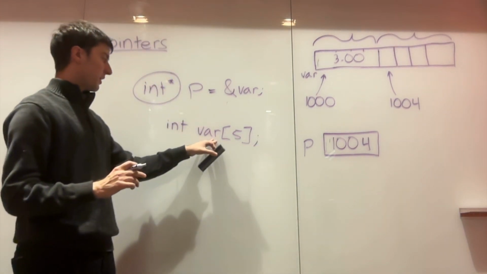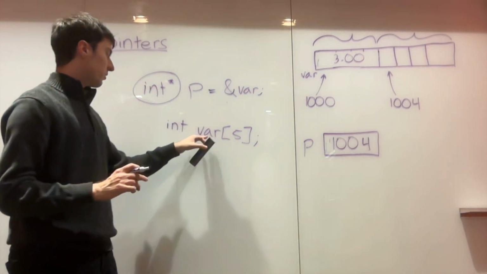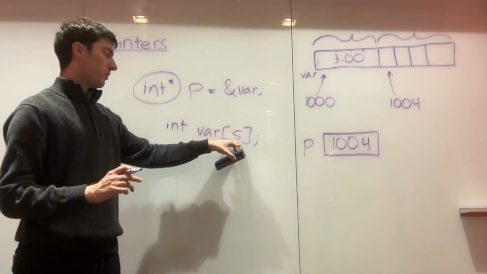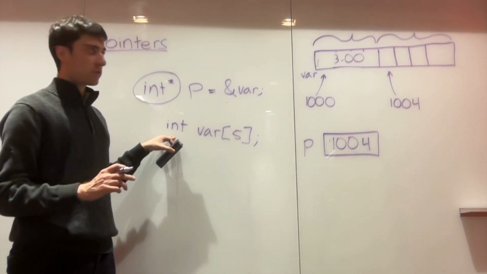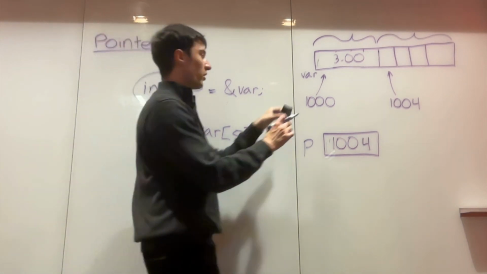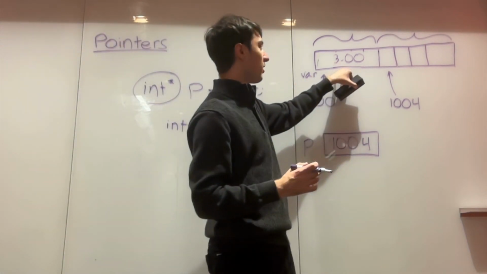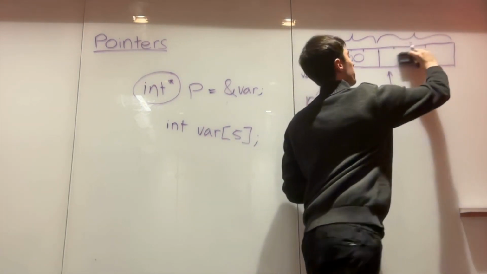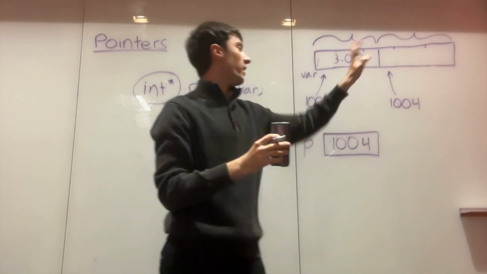So it takes this and allocates 5 integer slots to var. So var here is going to have 1 slot and then 2 slots here, and then it's actually going to go 3, 4, 5, right?